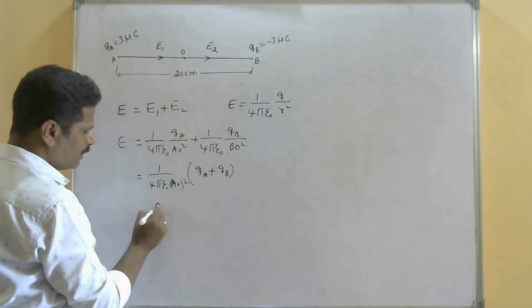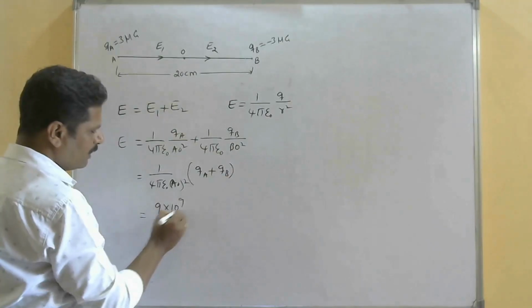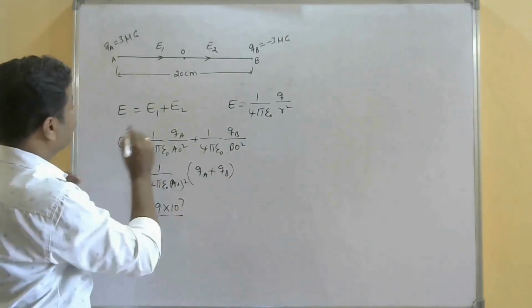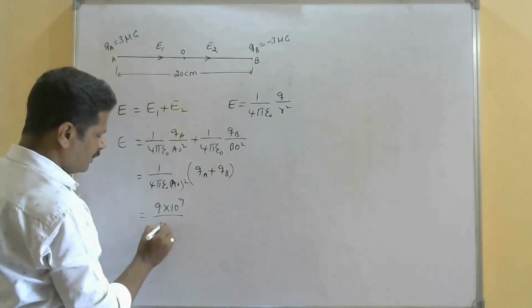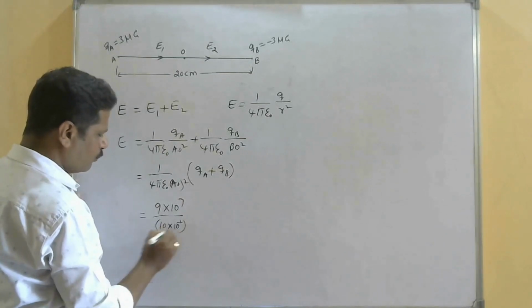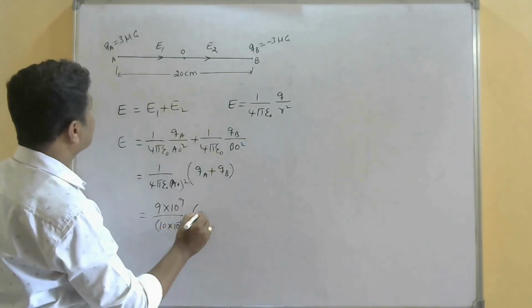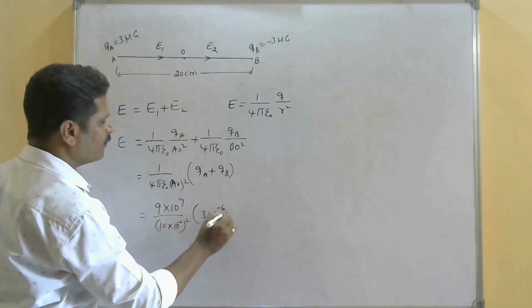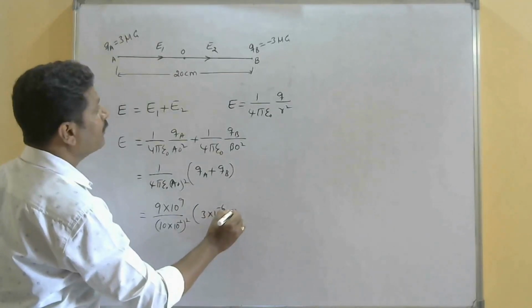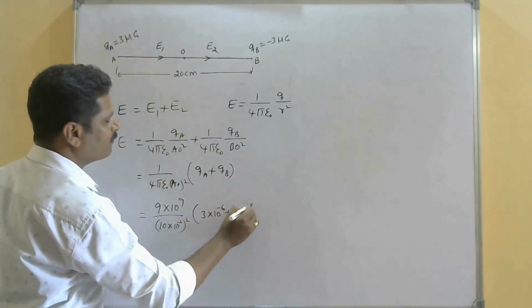I am substituting the values. 1 by 4 pi epsilon naught is 9 times 10 raised to 9, and AO square, that is 10 centimeter, 10 into 10 raised to minus 2 whole square, and QA is 3 into 10 raised to minus 6 plus 3 into 10 raised to minus 6.